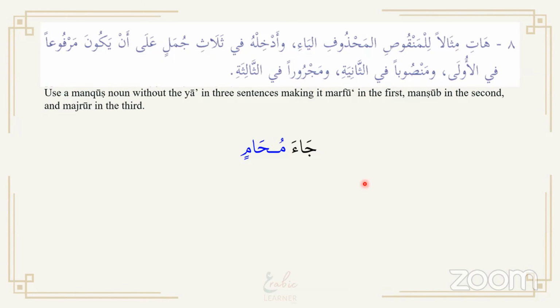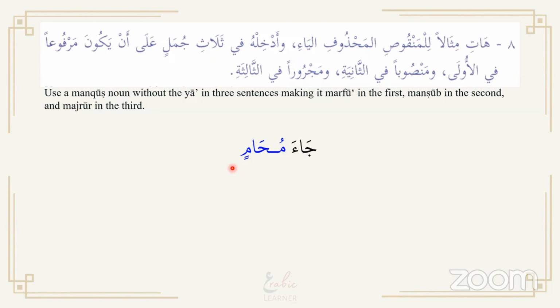So you will say Ja'a Muhamin. Here I'm omitting it because it is not attached to al. So this is: the lawyer came. Since it is nakira, I am not writing ya here.